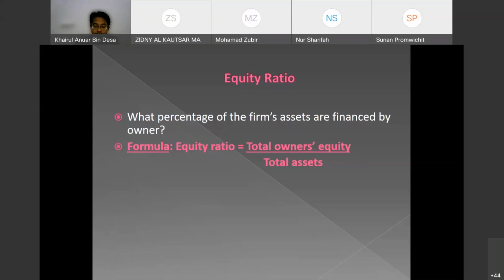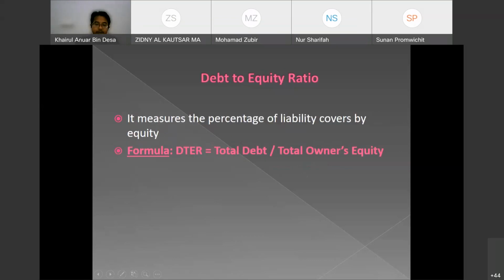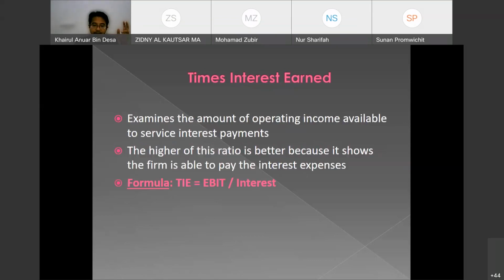So total owner equity over total asset. Okay, sekarang kita bandingkan debt and equity tadi. Debt and total owner's equity, and we will see what is the percentage, the combination of debt and equity to finance the asset.